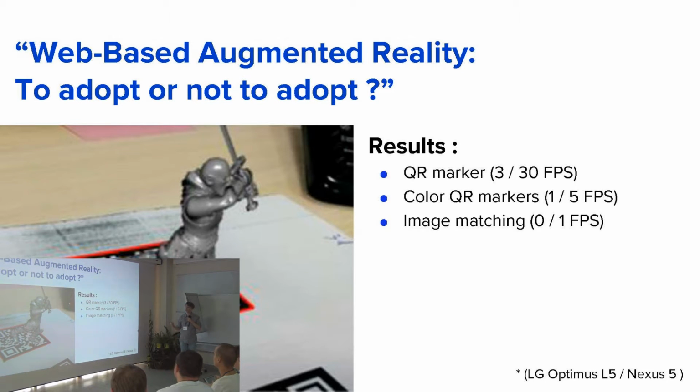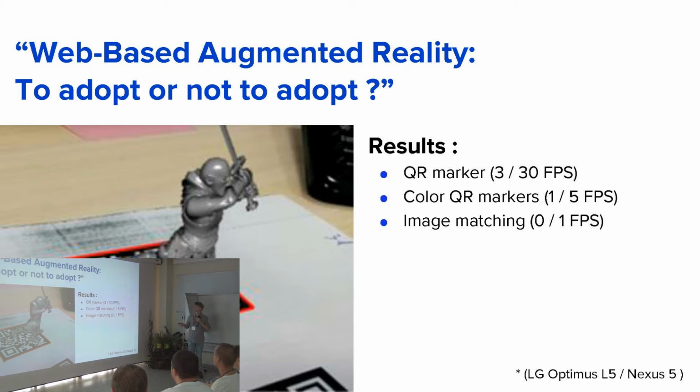We tested on a range of devices and in different browsers. And here is slower and higher FPS on the devices. If we used a QR marker, we got up to 30 FPS.